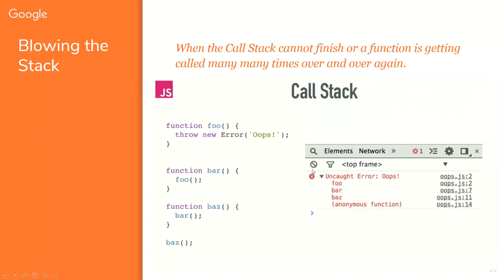So that error is printed here, which shows us the state of the stack when the error occurs. So now we have three functions here. If this was just a normal function that didn't throw an error, first off, the foo will get off the stack, the bar will get off the stack, and finally the baz function will get off the stack. But as we're throwing a new error here, this is the state of the stack when the error occurs.